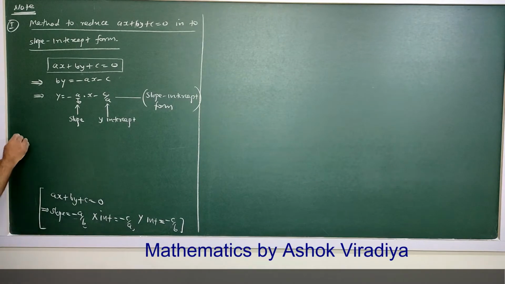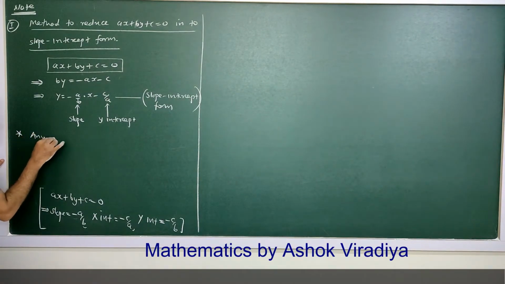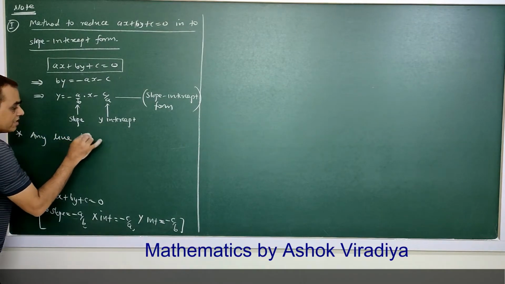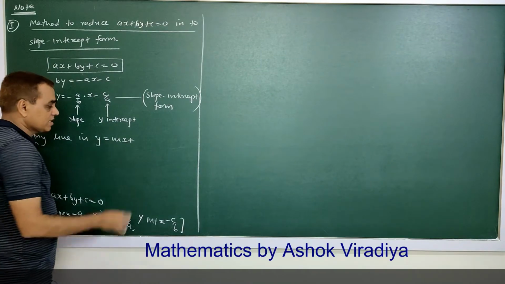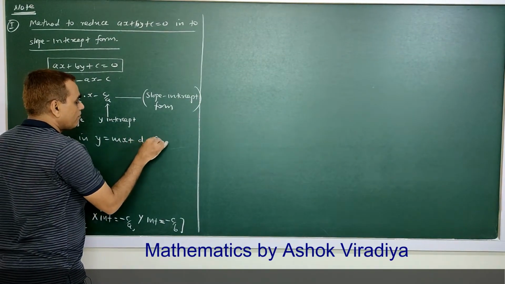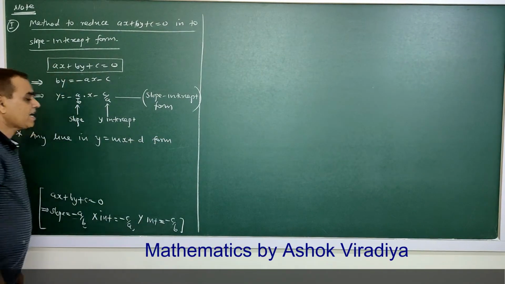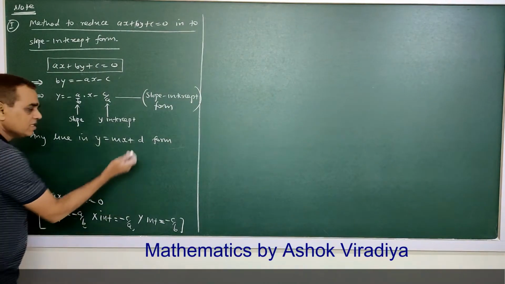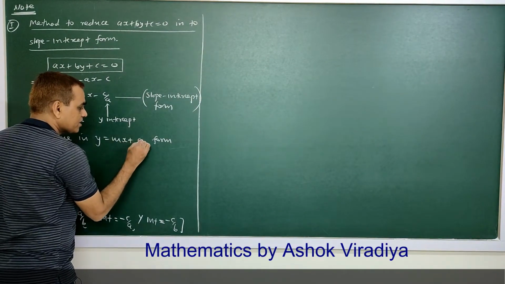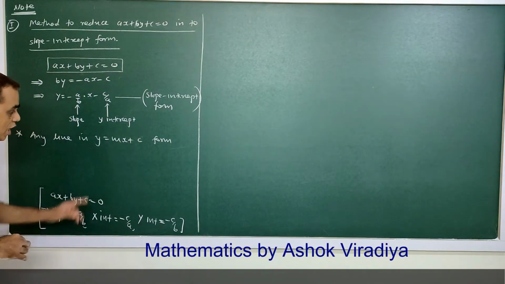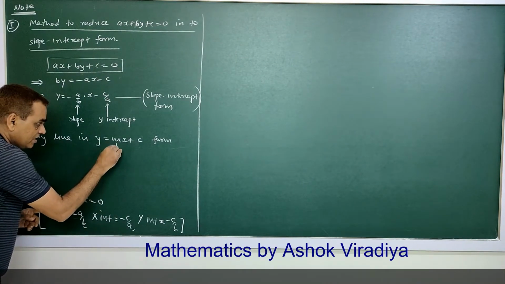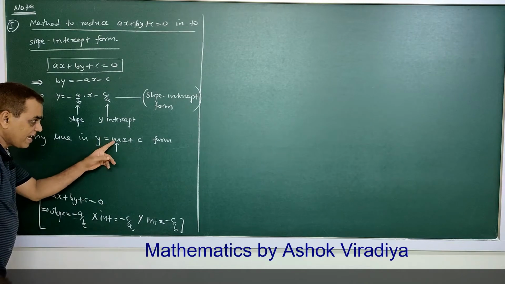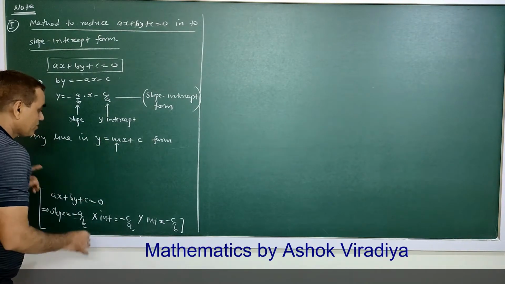So keep one point in mind: any line in y equal to mx plus d form, or I should say mx plus c form, whatever is the coefficient of x, here m, represents the slope.